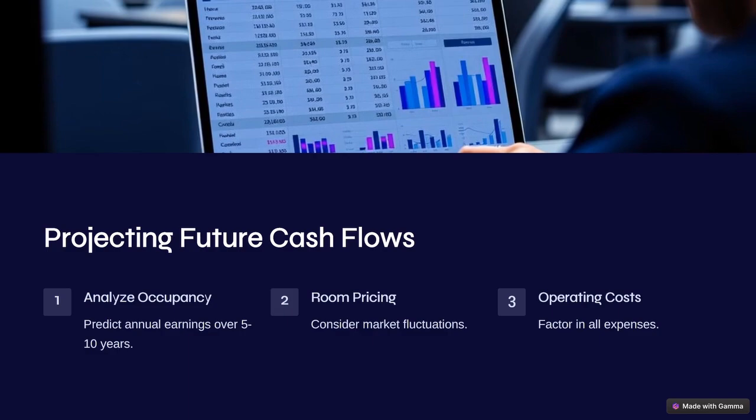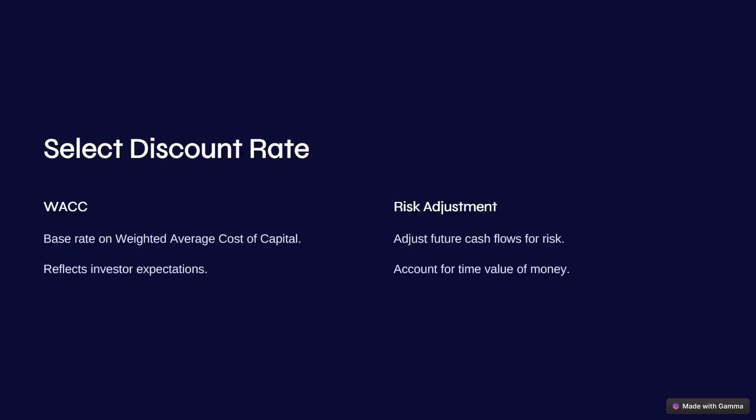This future cash flow is based upon the room pricing as well as operating cost and occupancy of the hotel. So based upon occupancy, room pricing and operating cost, we calculate the predicted annual earning over 5 to 10 years. Then this projected cash flow is converted into present value by selecting a discount rate.